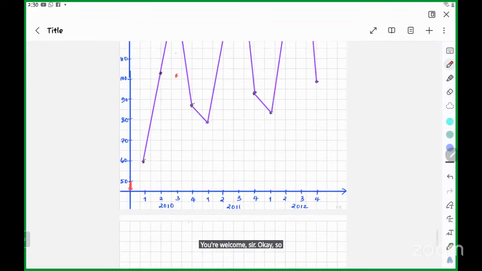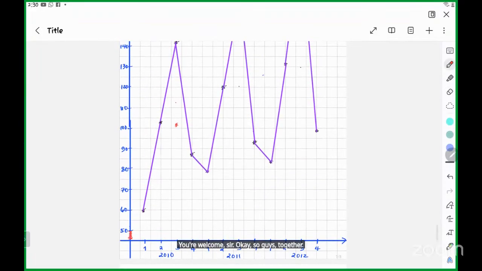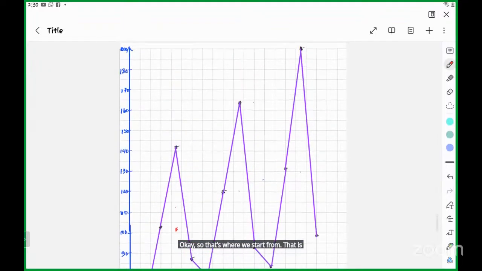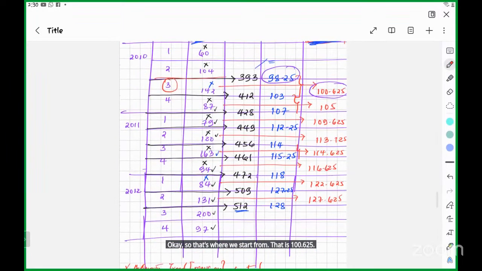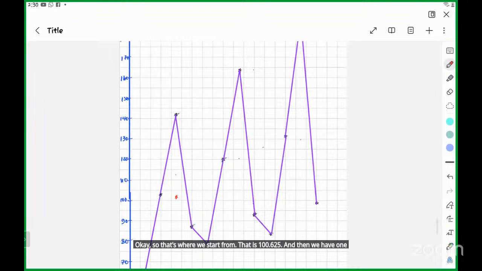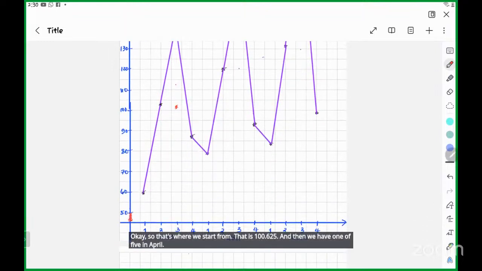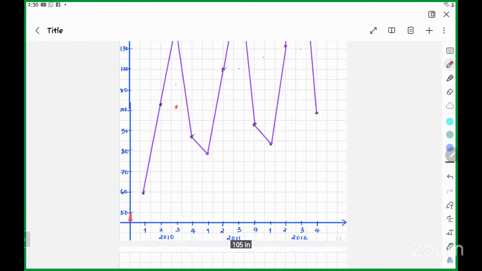Okay, so guys, together, our trend values start in the third quarter. Okay, so that's where we start from. That is 100.625. And then we have 105 in April. 105 in April. Sorry, yeah, in April. 105 right here.